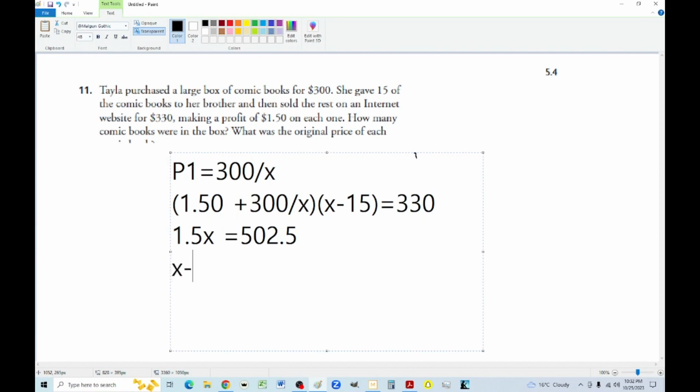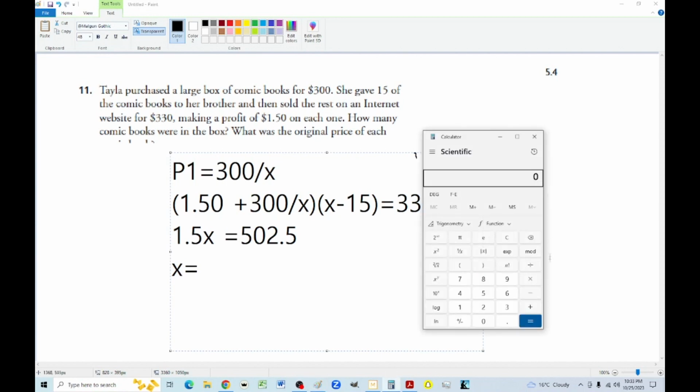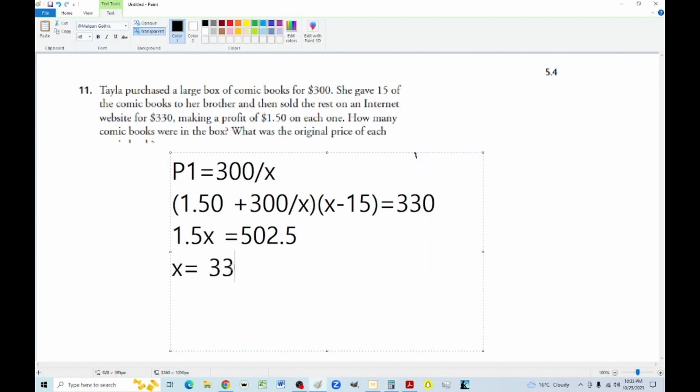So x, which is the number of comics, is equal to this. So let's see what 502.5 divided by 1.5 is. 335. So he has 335 comics, which means the second batch is 320.